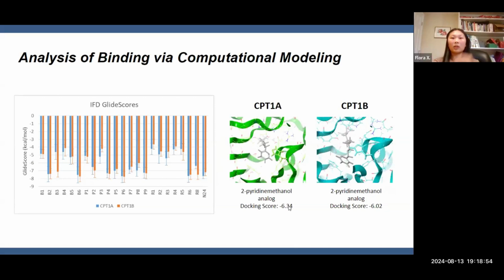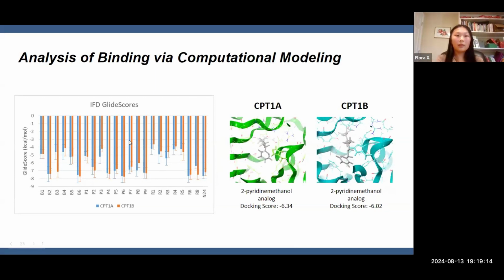But through docking, we're able to see the difference between binding affinities between CPT1A and CPT1B. We want a lower binding score for CPT1A so we can have higher selectivity, which would lower off-target toxicity.